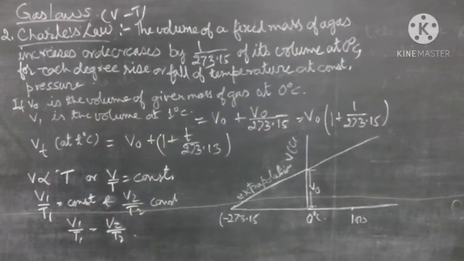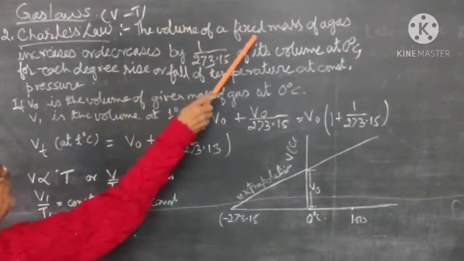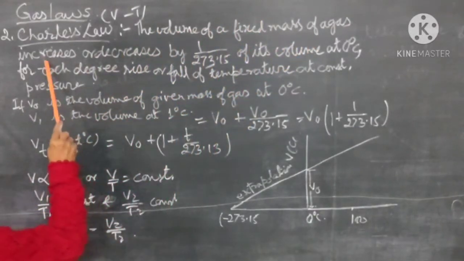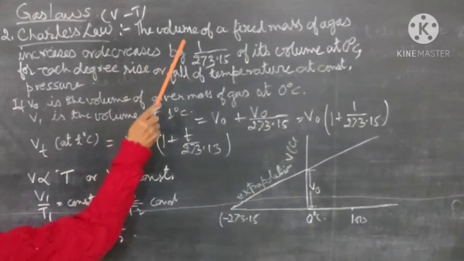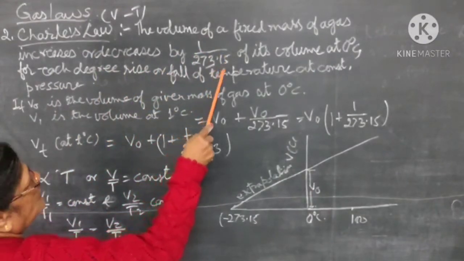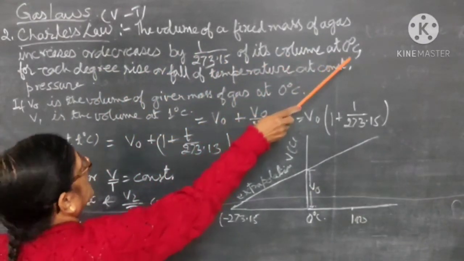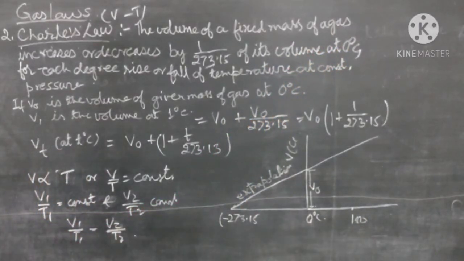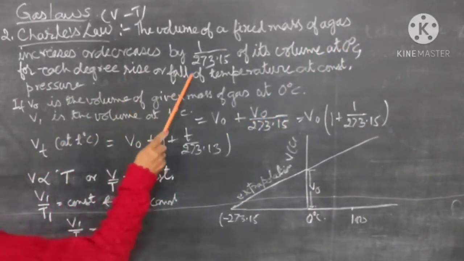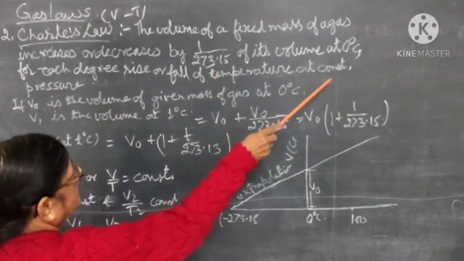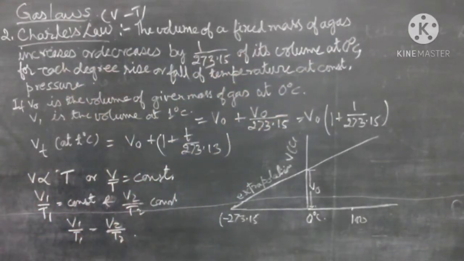So when we increase the temperature, there is an increase in the volume, or we can say the volume is directly proportional to temperature. But there is a difference in Charles' law. The volume of the fixed mass of a gas increases or decreases by 1 by 273.15 of its volume at 0 degrees Celsius for each degree rise or fall of temperature at constant pressure.